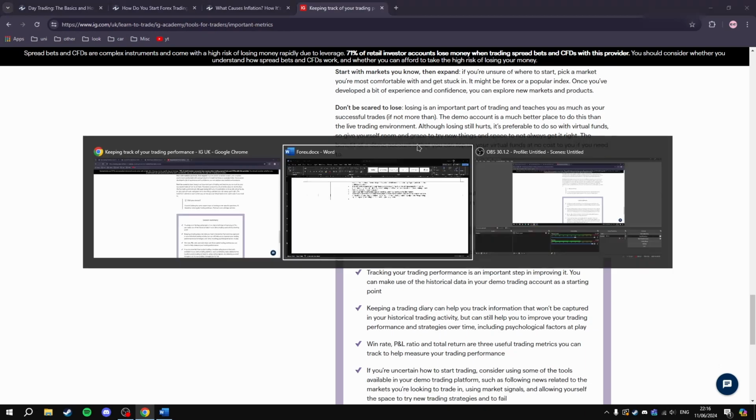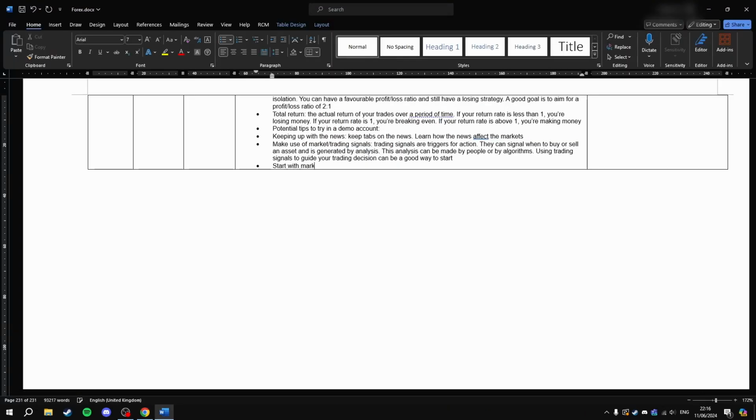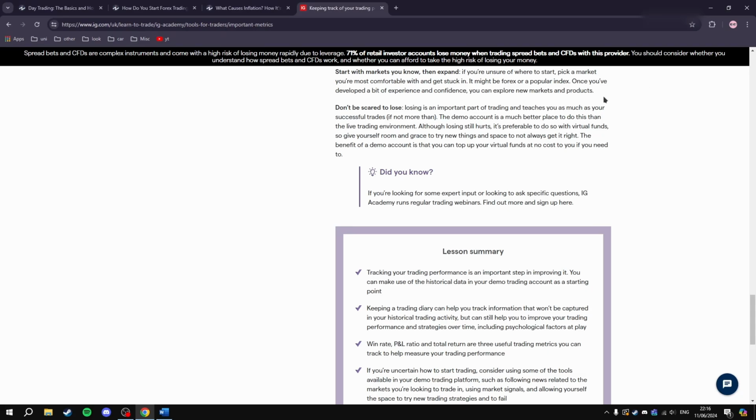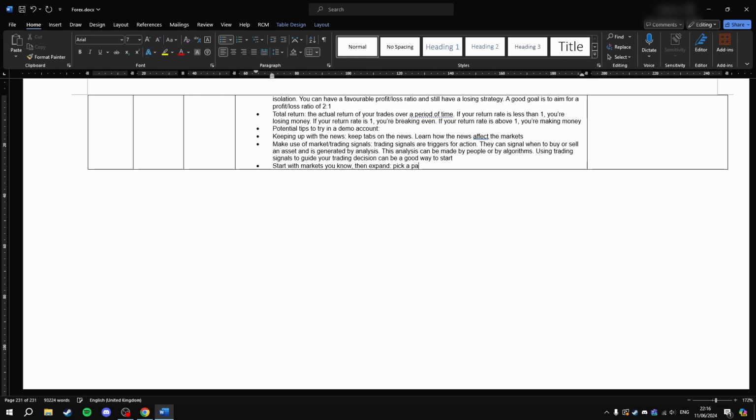Start with markets you know, then expand. If you're unsure of where to start, pick a market you're most comfortable with and get stuck in.